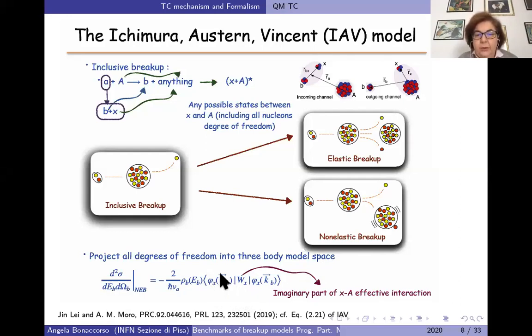But here you have the wave function, which takes into account the full three-body wave function. And then one wants to see what happens when the neutron has this strong interaction with the target. And so this is the imaginary part of the effective interaction. And the main equations that Jean uses are explained in these two papers.